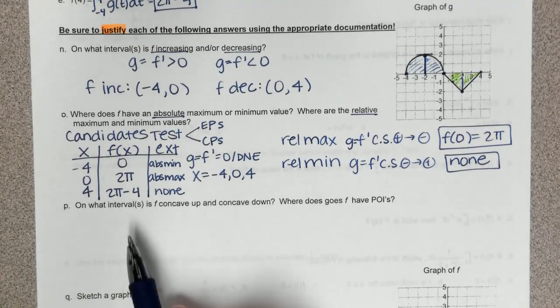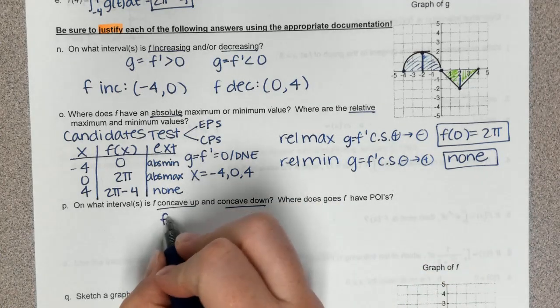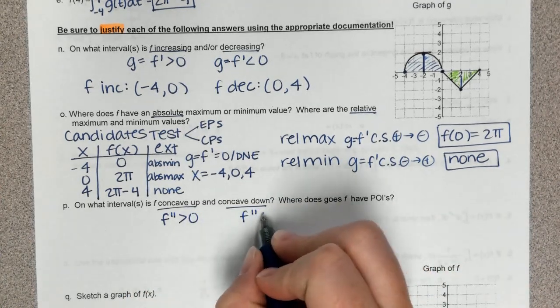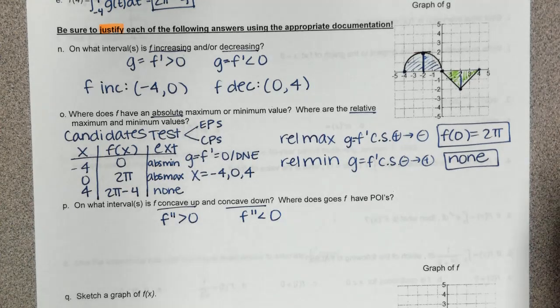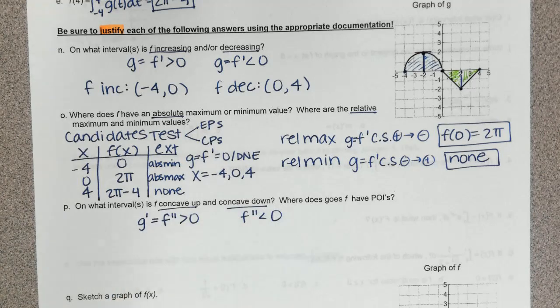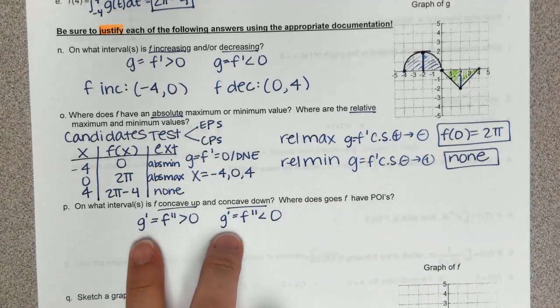Fun. Okay, on what intervals is f concave up and concave down? F is concave up whenever f double prime is positive. F is concave down whenever f double prime is negative. In the context of this problem, f double prime is the same as g prime. So we've got to think about the slopes of g.